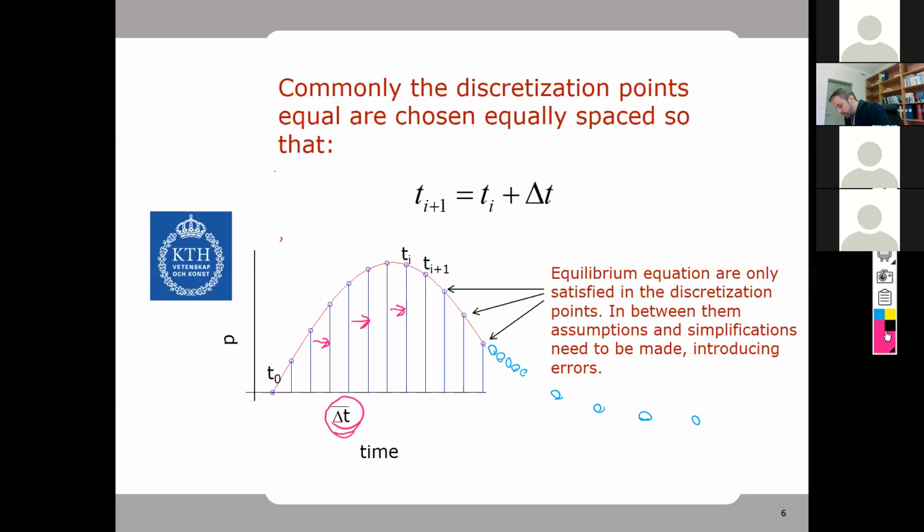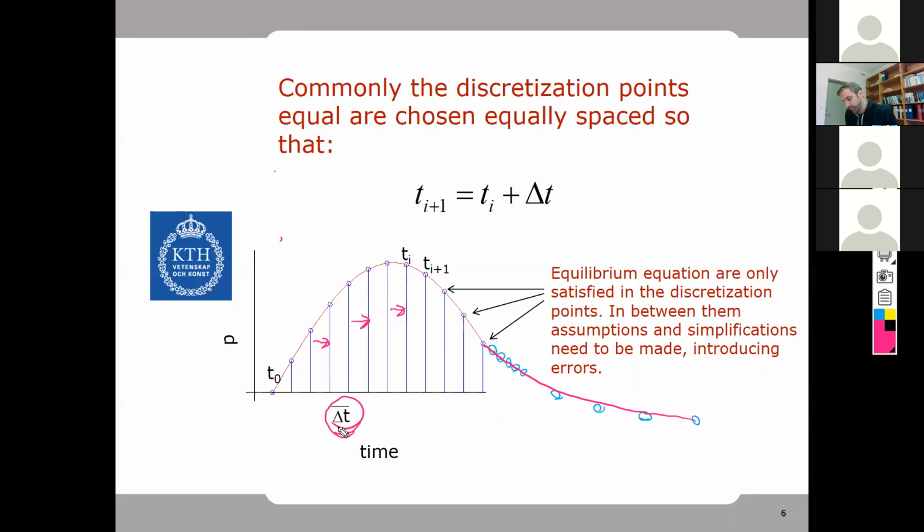That would depend. It's completely up to us. We have absolute control over how we choose these times that we want to calculate. For the sake of simplicity, we're going to keep a constant delta t, but there are cases for which it's interesting to vary the delta t.